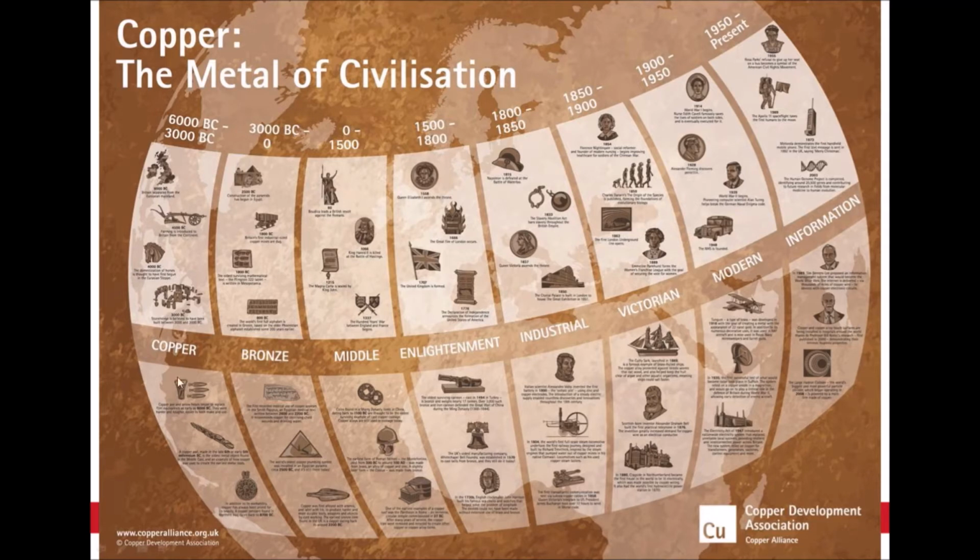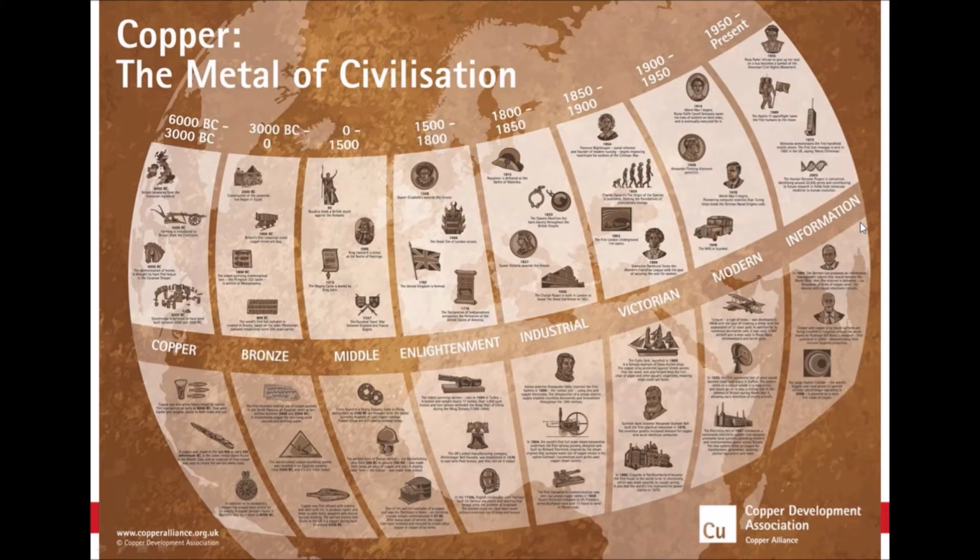Then it slowly evolved into the current days where we are using copper in a lot of areas. Even in our house, there are a lot of things being produced that contain copper itself. So copper is very important in our daily life, and we use it quite widely.